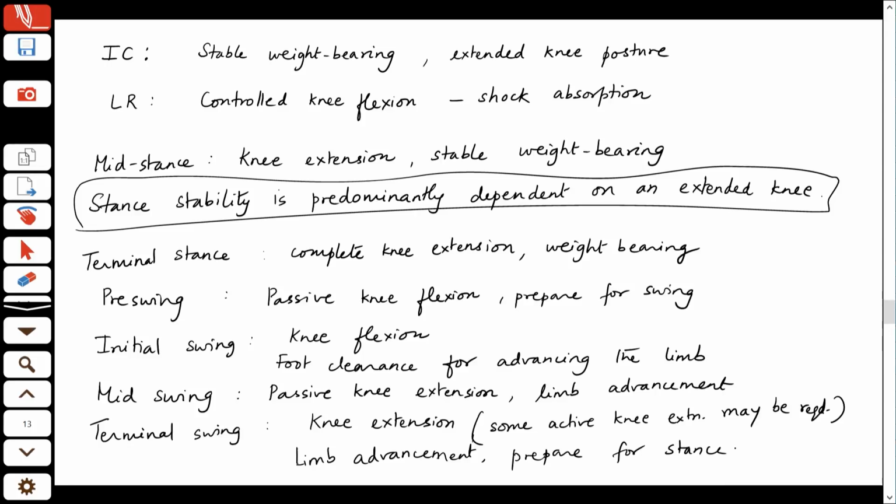So, that is important. Terminal swing is also very important because you need to be ready for the next weight bearing phase. Maintaining the stability of the knee becomes important, which means it has to be fully extended by the end of swing.